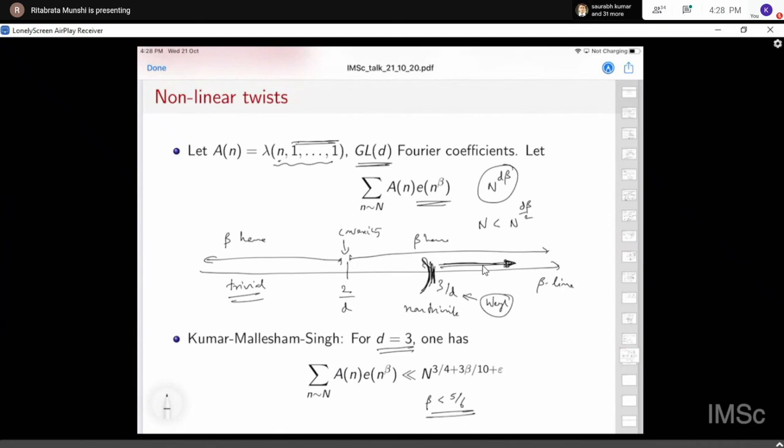And if d equals 3, then the trivial range ends at 2/3, and they improve the trivial bound to a non-trivial bound. Here they use the same trick and method that I applied in my proof of p-aspect convexity for GL3 L-functions.